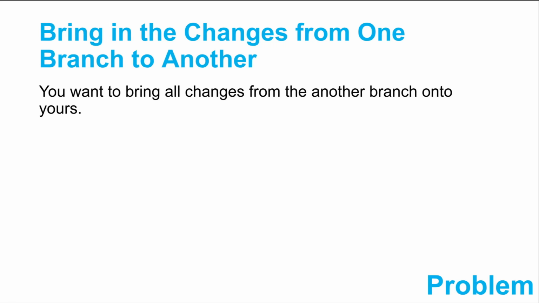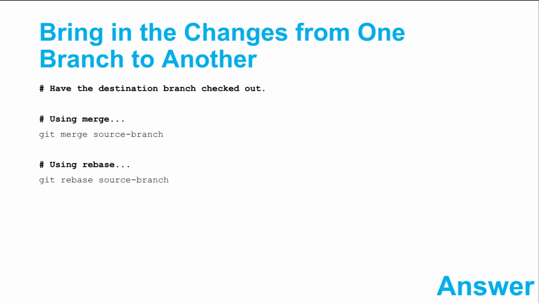All right, so you've been working on stuff, so has your friend, but you want to bring their changes into yours. How do you do that? Well, you just either use git merge and the branch that you're trying to bring in, or git rebase and the branch you're trying to bring in.